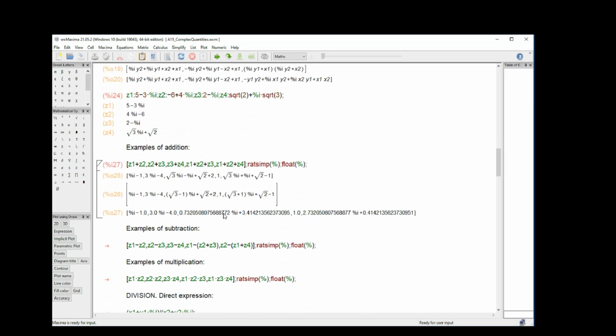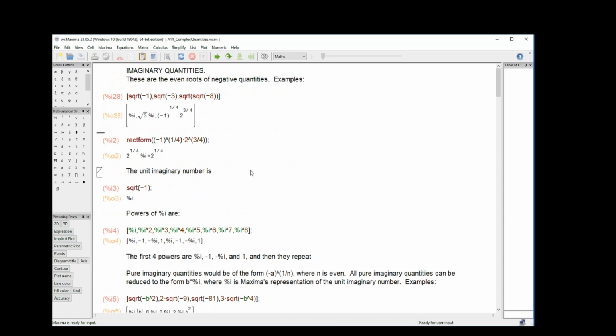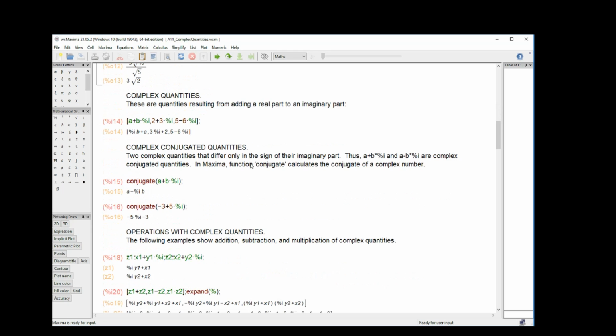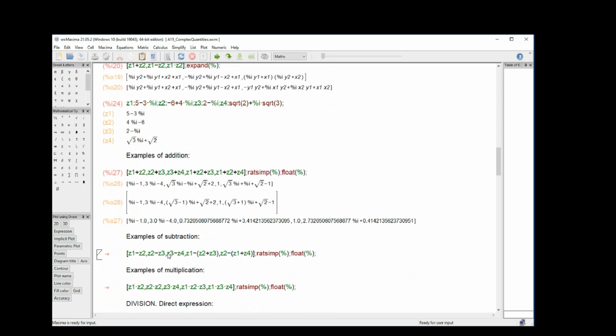I tried ratsimp to factor out things here, and float to give me floating point numbers. Subtractions. There's my subtractions right here.